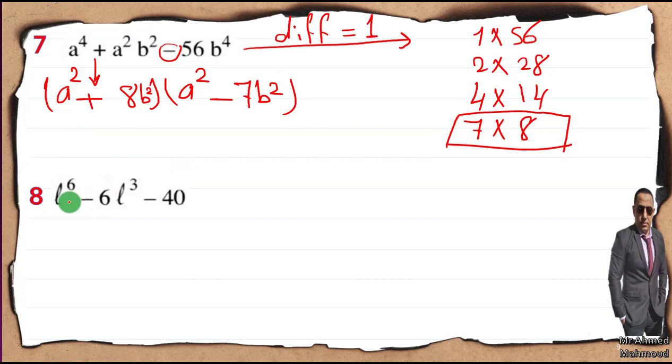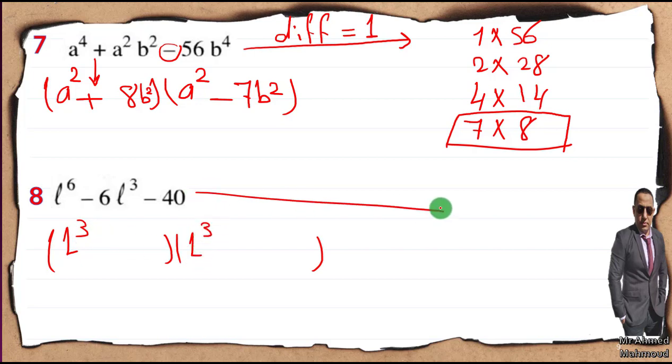Okay, L power of 6 minus L power of 3 minus 40. Here I have L power of 6, 3, and no L here. So it is in descending order, so the order here is correct. So I'm going to factorize directly. L power 3 and L power 3.